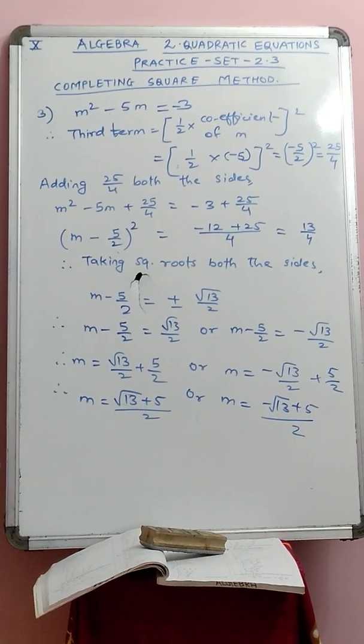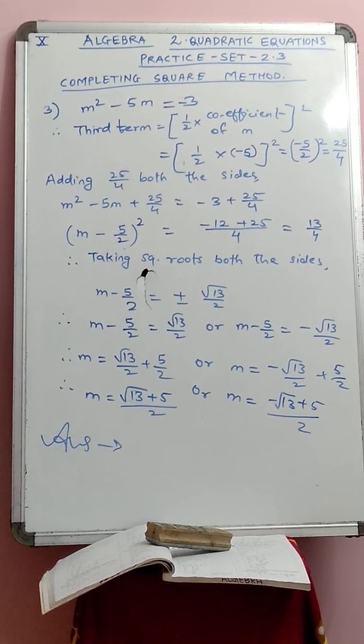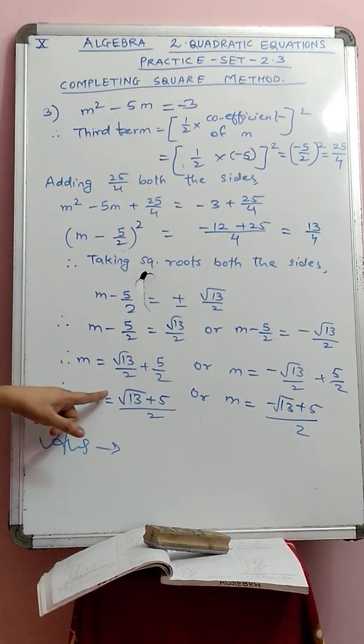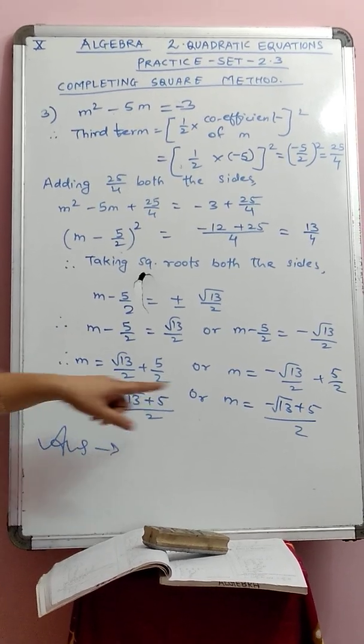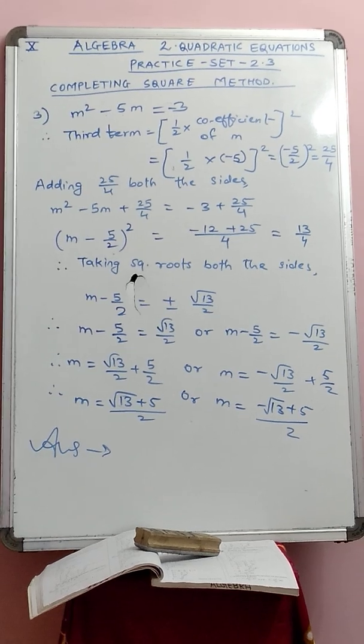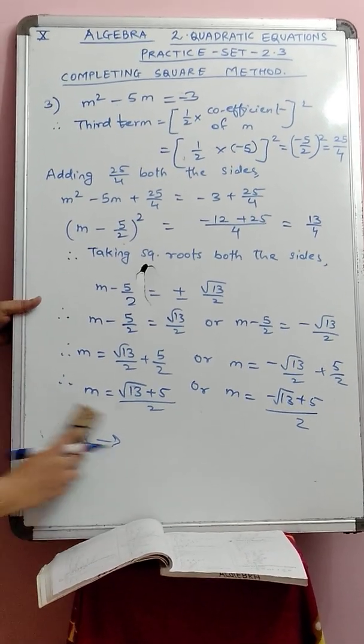So there are two values. You have to write the answer. The solutions to this equation are root 13 plus 5 upon 2, or minus root 13 plus 5 upon 2. Okay. So this was your question number 3.